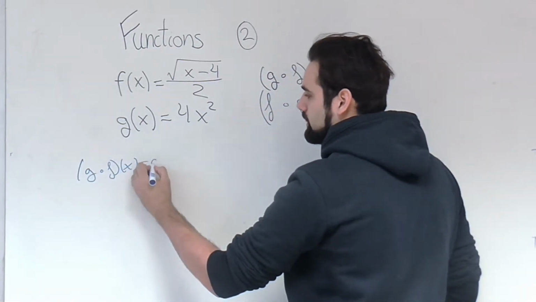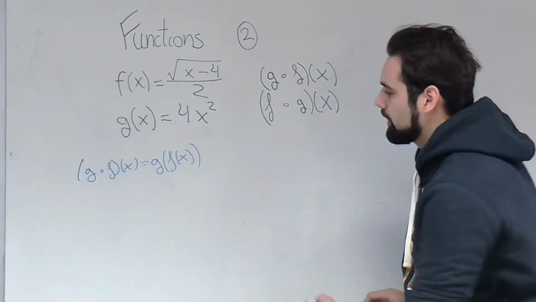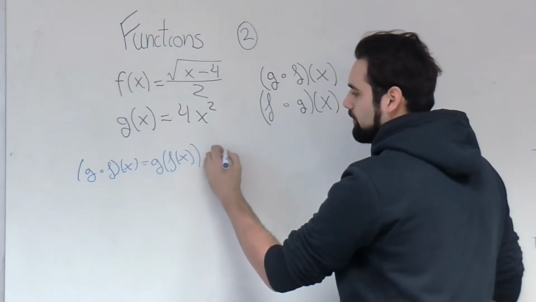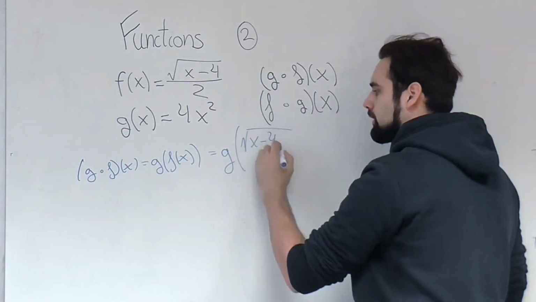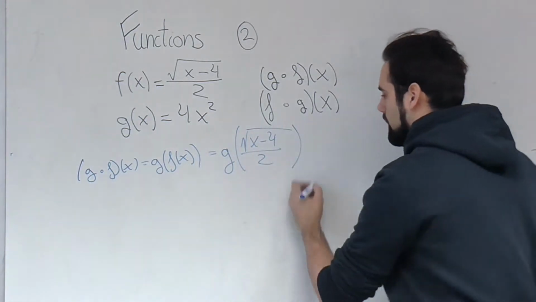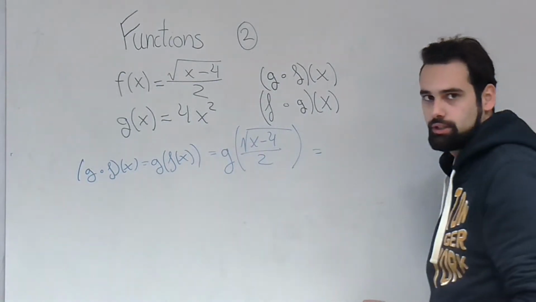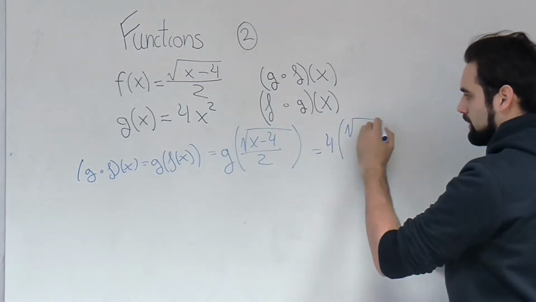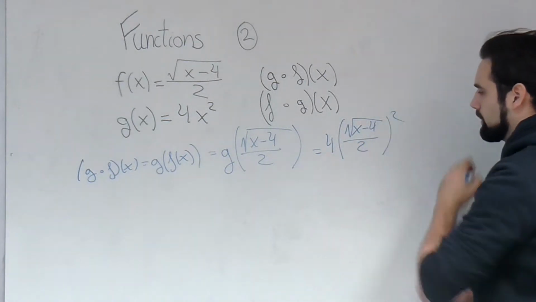you can also write it as g of f of x, and then what you do is you substitute f of x with what f of x actually is. And then you just substitute this part inside what g of x is. So you have 4 times, there we go.